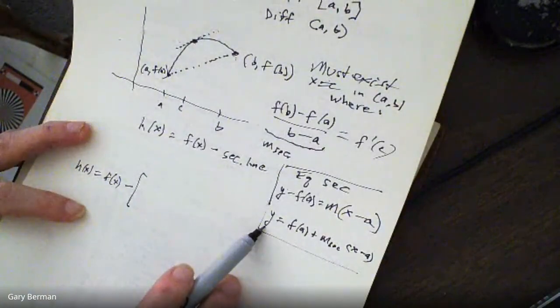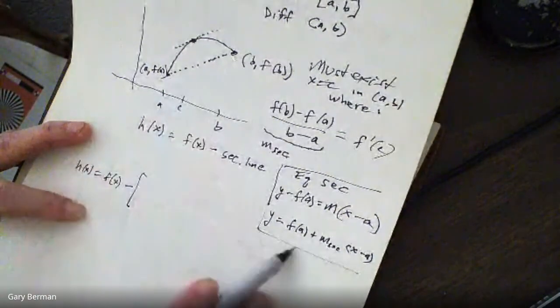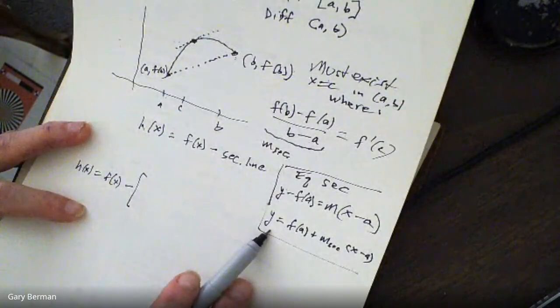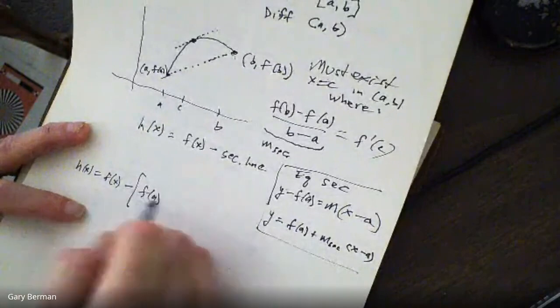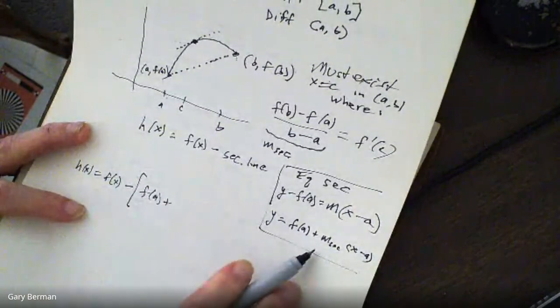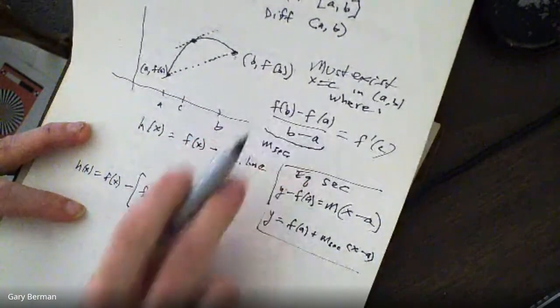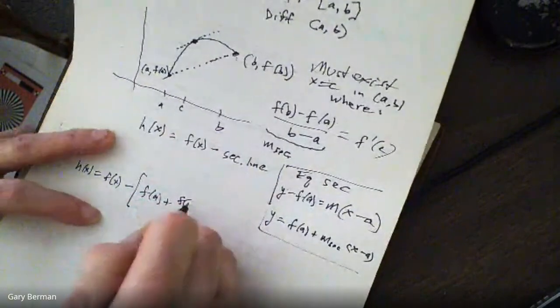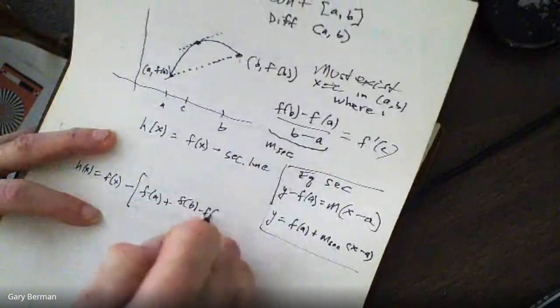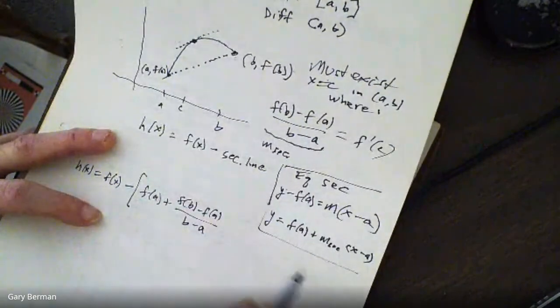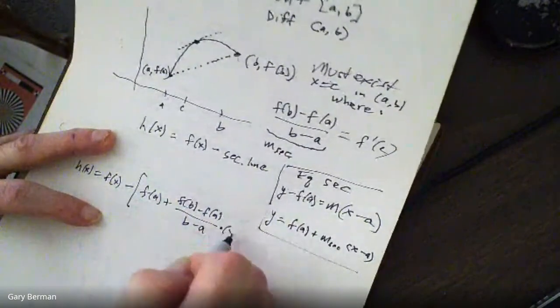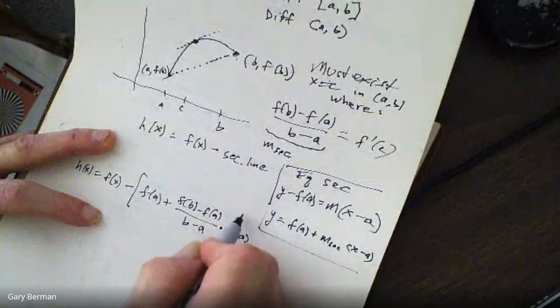The equation of the secant line, the y value. So let me write that in. f of a plus the slope of the secant, which is this mess. Let me write that over. f of b minus f of a over b minus a times x minus a.